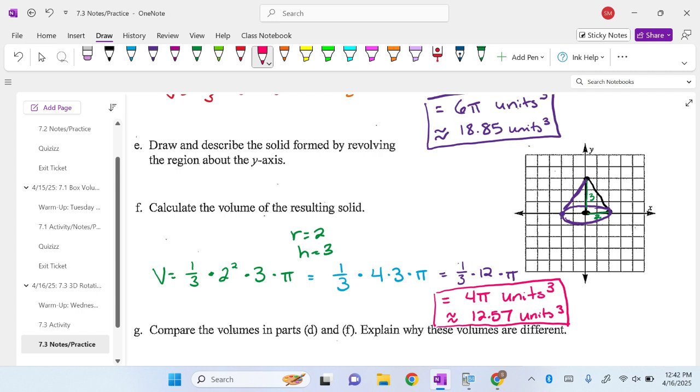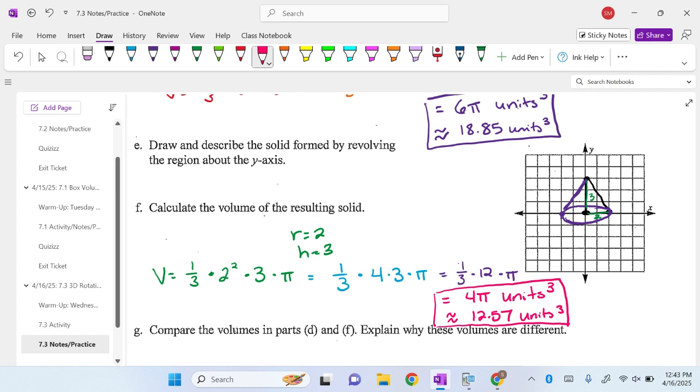And again, why were those 2 volumes different? They switch, but what's the biggest reason? Has to do with one little tiny number. The exponent. So just like with the cylinder, 2 squared will always be 4, 3 squared will always be 9.